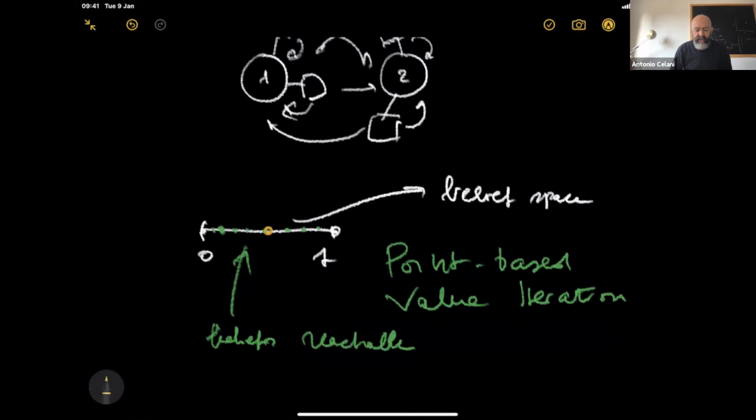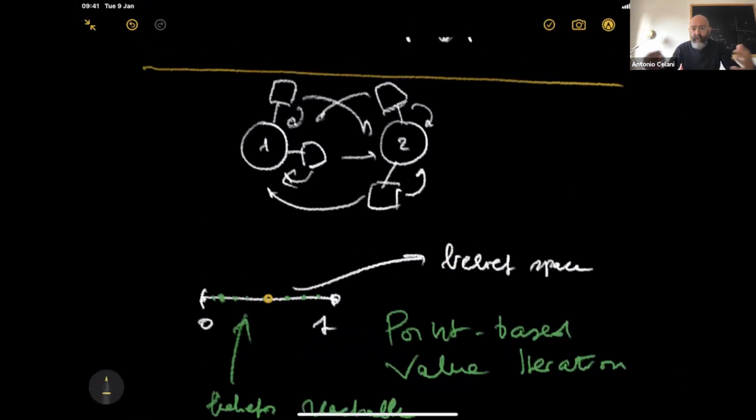So one way to construct this is to run the model forward and pick some policy, for instance, at random. You pick an action at random and you make an observation. You end up in a state and pick another action, another observation. And if you add all the new beliefs that you have obtained by iterating, clearly you get lots of points, because at every step you can take 2 actions and make 2 observations. So from 1 belief, after the next step, there will be 4 beliefs.